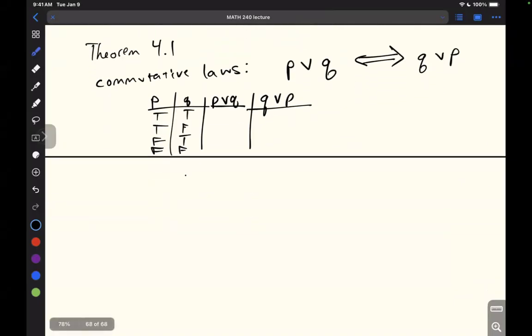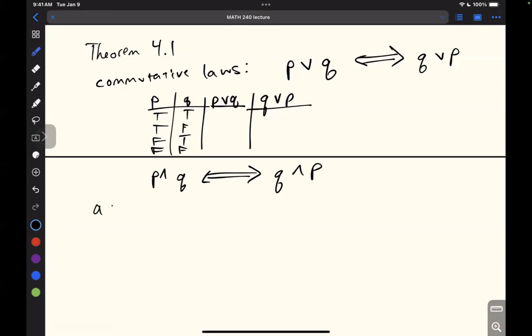And this also holds for P and Q is equivalent to Q and P. And then we've also got the associative laws.